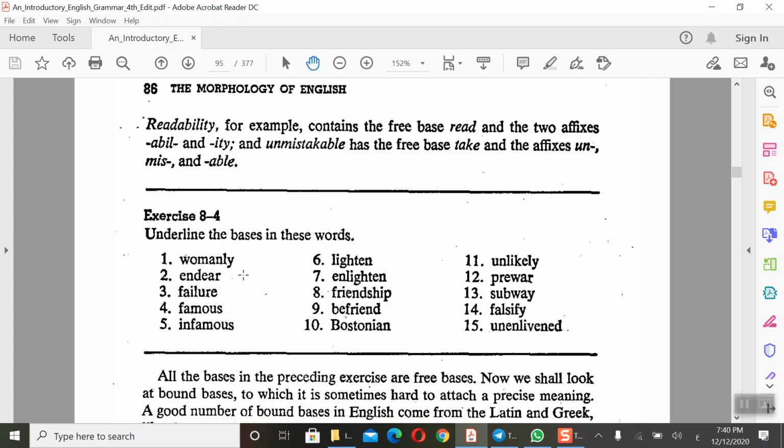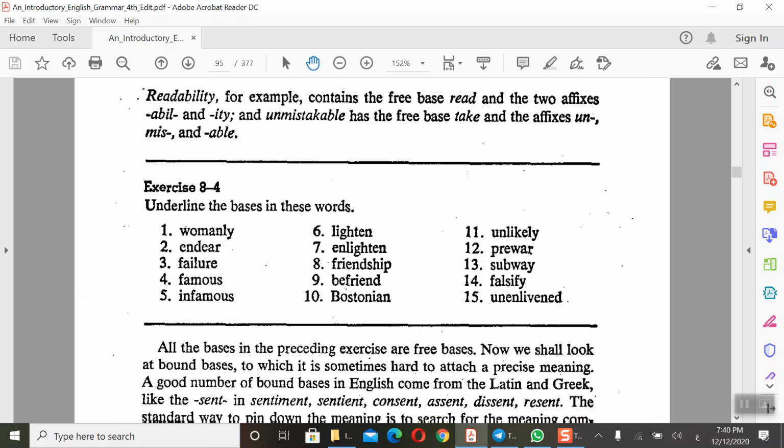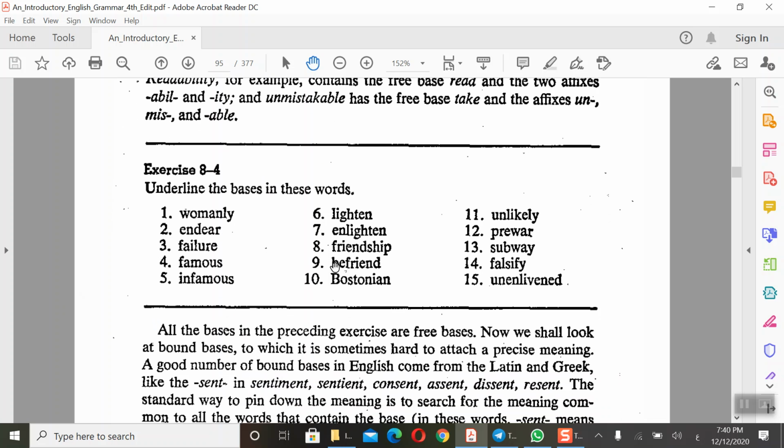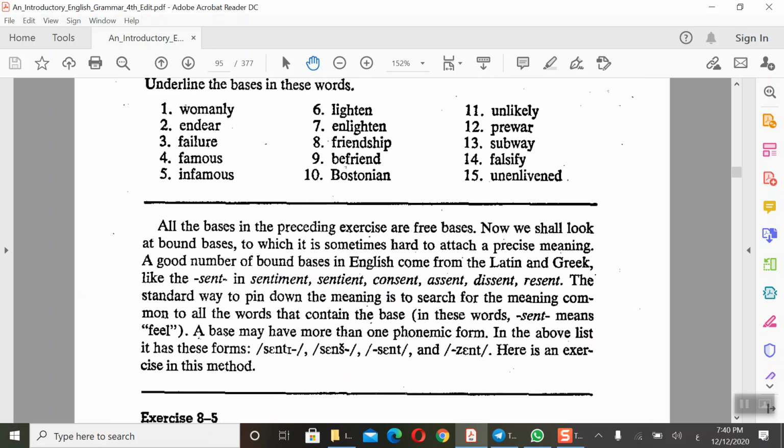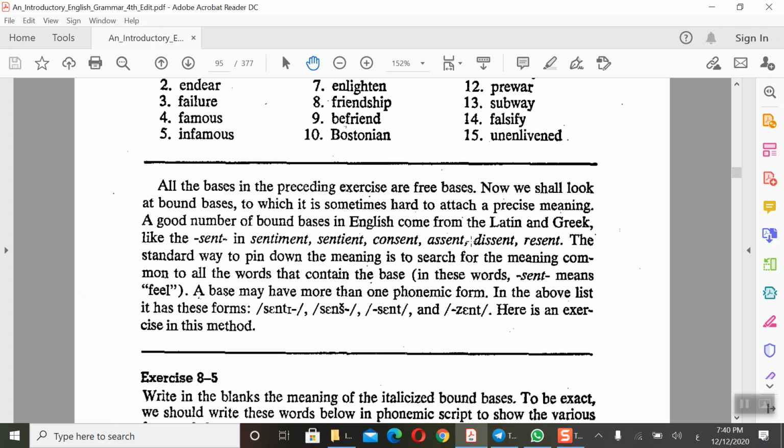Womanly, woman. Okay? Woman as a free base and ly as affix. Dear, the same here. Failure, fail. Famous, fame. Infamous, fame. You see, here is free. You can practice with these exercises. Here all the bases in the preceding exercise are free bases. All of them are free.